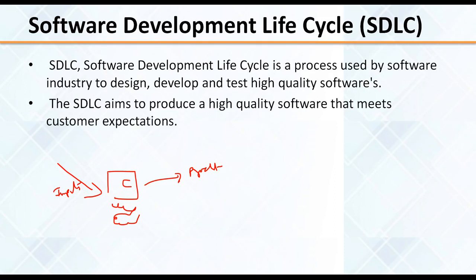That is what SDLC talks about: where we need to start the development process, what different activities we need to perform, what the ultimate goal is, and what we will get after completion of the process. All this is covered by the Software Development Life Cycle process.